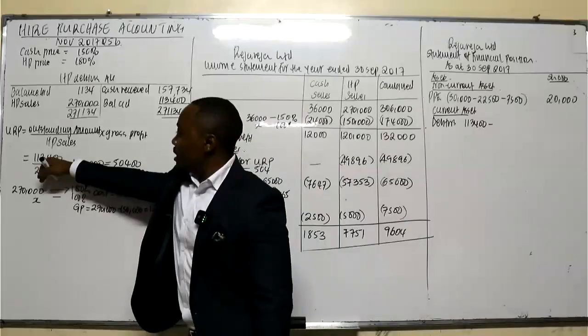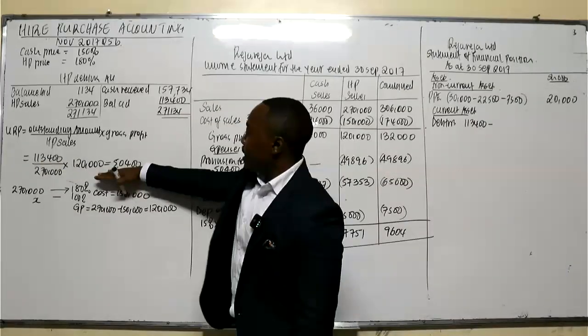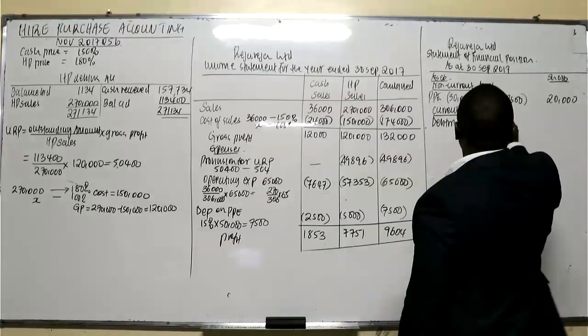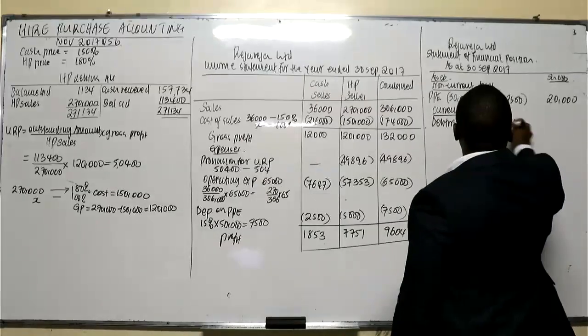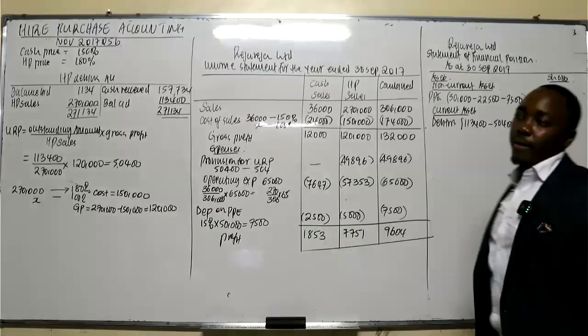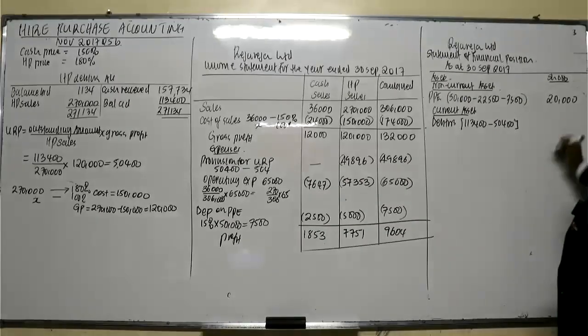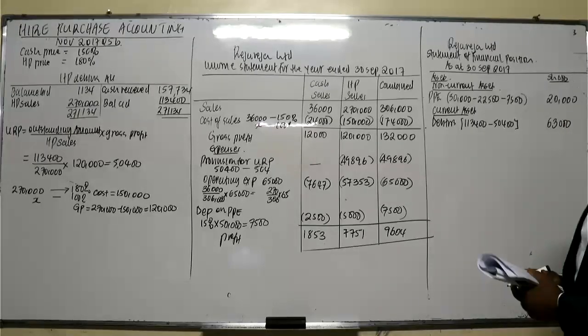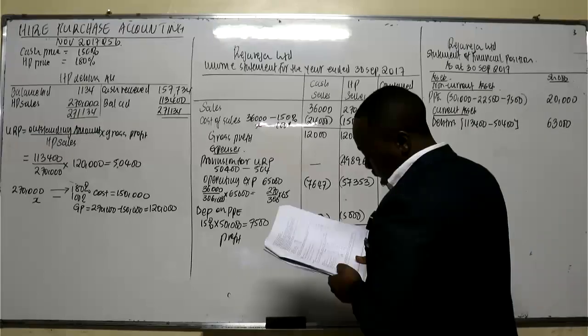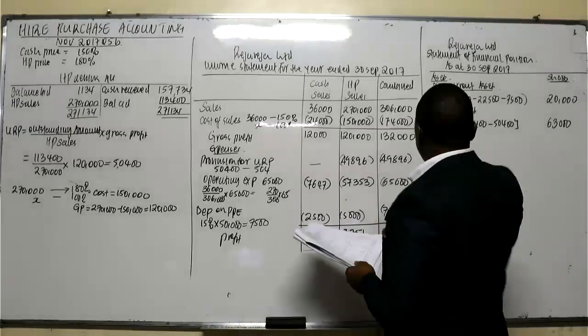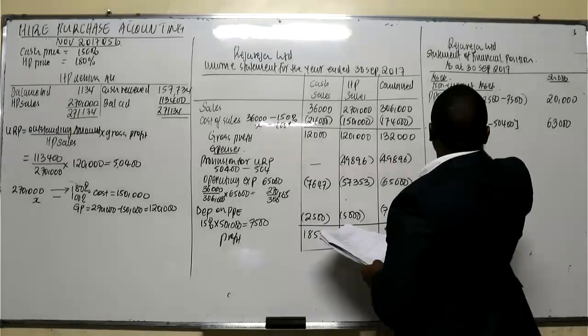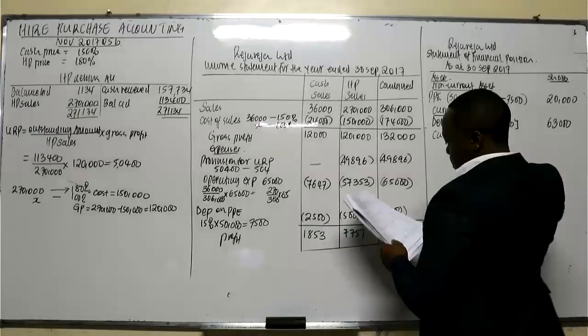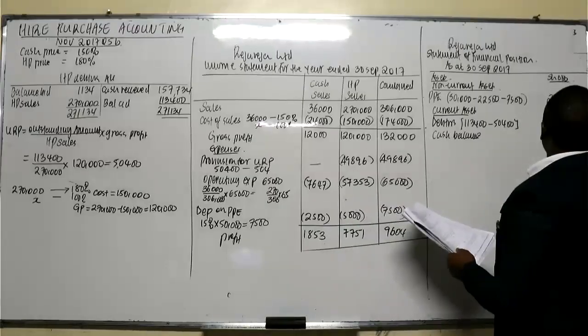Of this 113,400, the unrealized profit was an amount of 50,400, because this amount was expensed. So how much will be the balance? 63,000. Did you have any cash or bank balance? Yes, we have cash balance, which was an amount of 104.